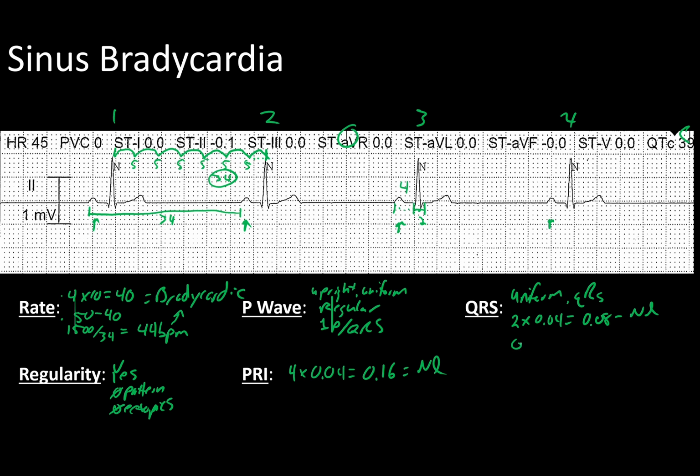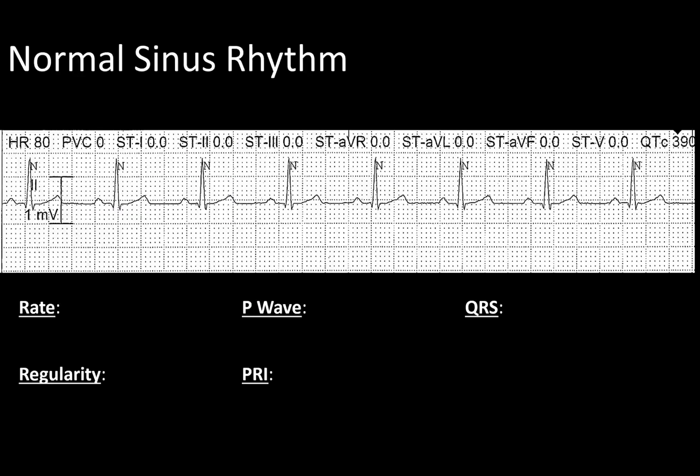And I looked around, and of course there were no ectopics either. So I have sinus bradycardia, just that simple. Normal, normal, bradycardic. Okay, so next in line, we'll do the same as we did before.